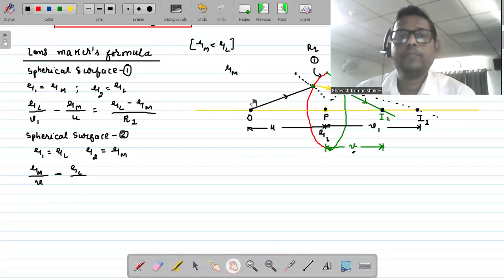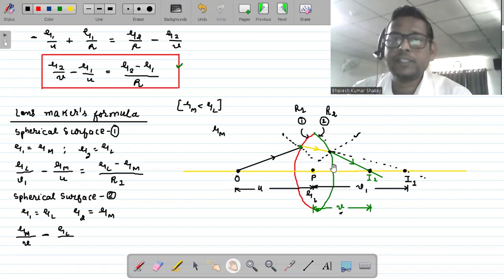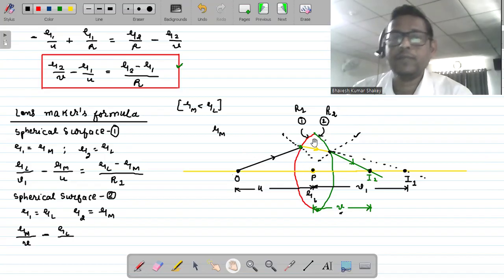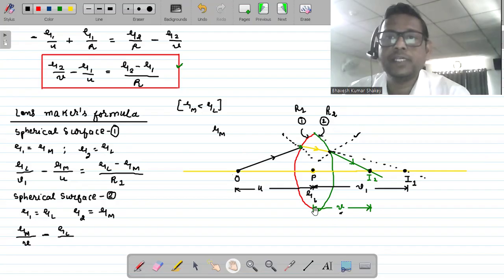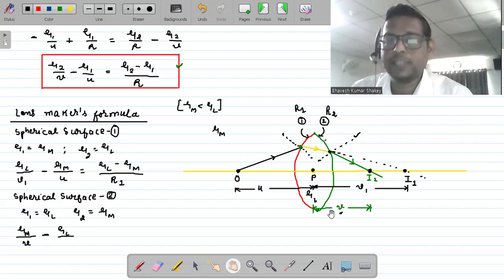The image formed by the first spherical surface, this I1, acts as the object for the second spherical surface.